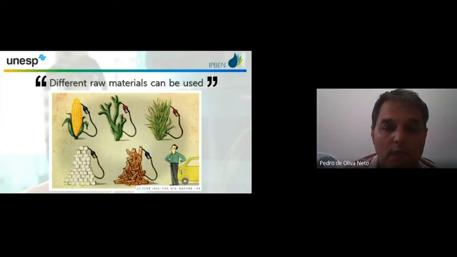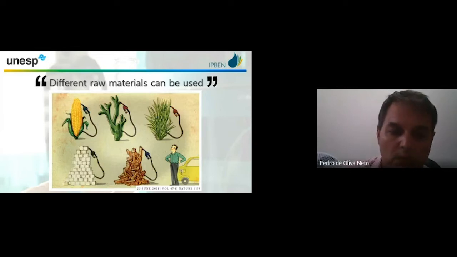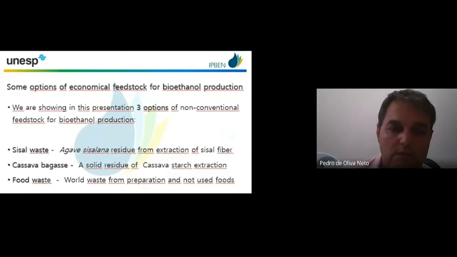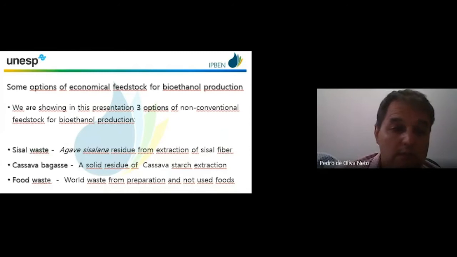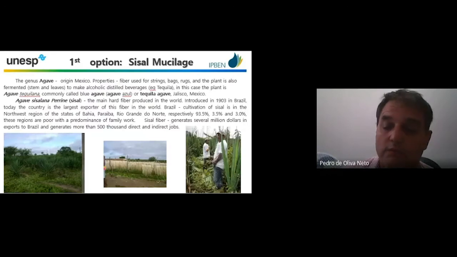Yes, but if we can improve the production of ethanol with other kinds of products, we can use more land for food, for example, and use some new feedstocks for the increase of ethanol. I think it's necessary in Brazil. So in this case, we are using as examples sisal waste, cassava bagasse, and food waste, and we will show our results.